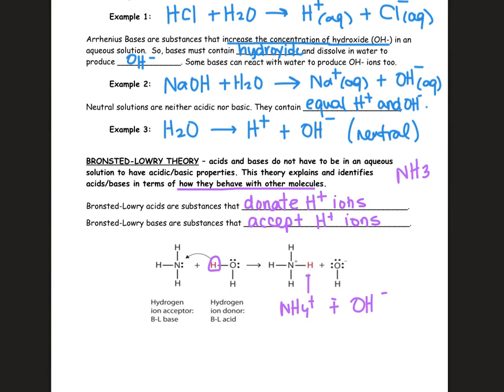Initially I started with NH3 that was neutral, and this water molecule, and because NH3 is a base, it accepted, or took, that hydrogen from the water. In this scenario, the water is actually an ion donor, so it's acting like a Bronsted-Lowry acid, even though water typically would be neutral. But in this case, because it's with a base, it takes on the acid role.